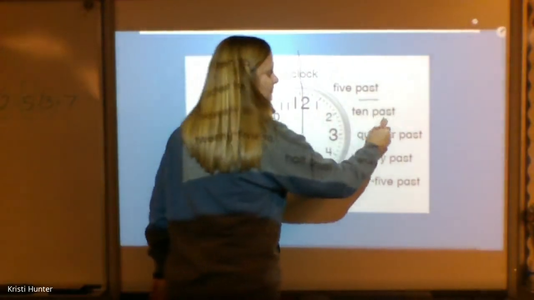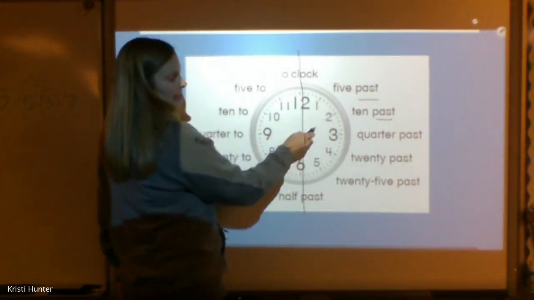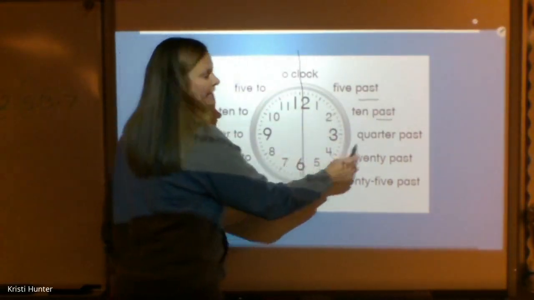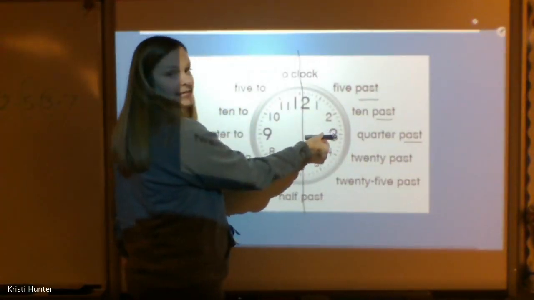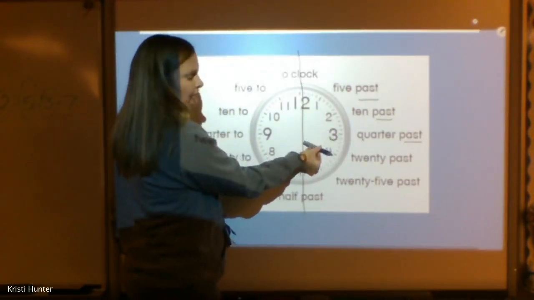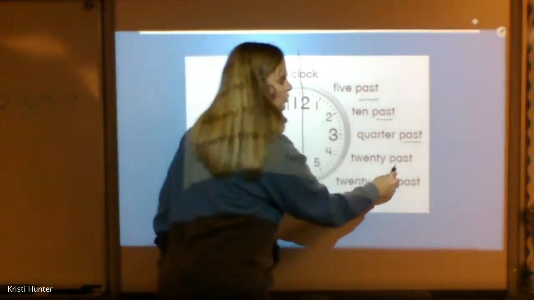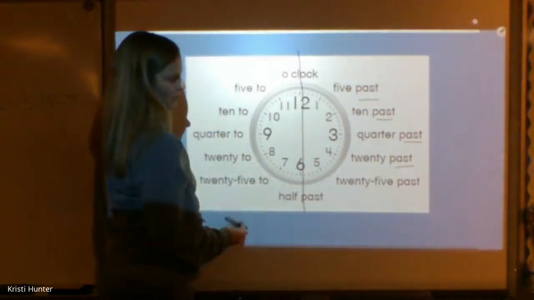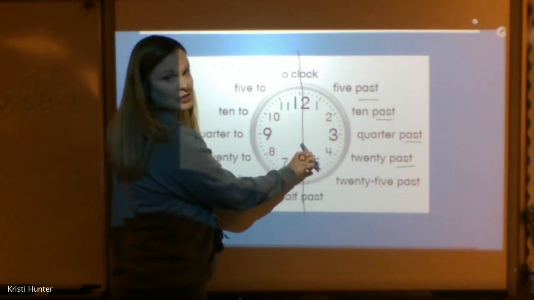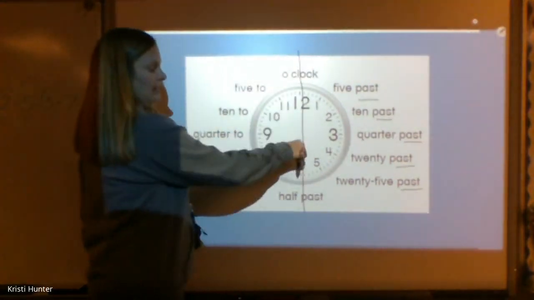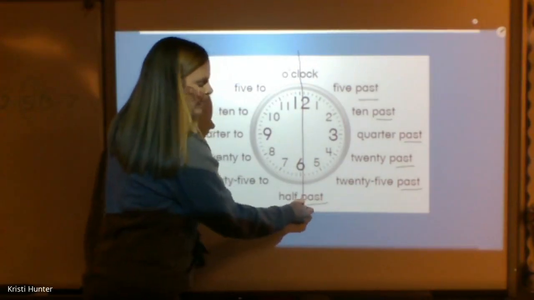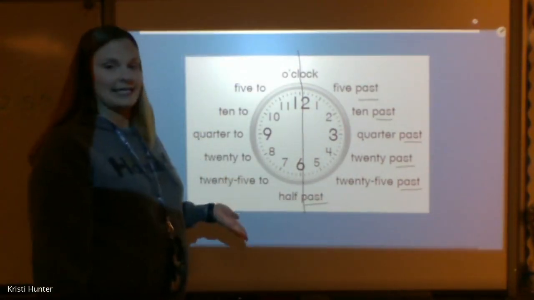It's 10 past the hour if the minute hand's pointing to the 2. It's quarter past the hour if the minute hand is touching the 3. Minute hand touching the 4, it's 20 past the hour. If the minute hand's touching the 5, then it's 25 past the hour. And if it's touching the 6, then we call that half past the hour.